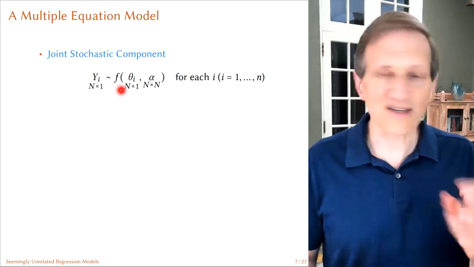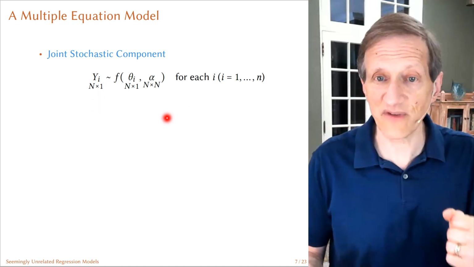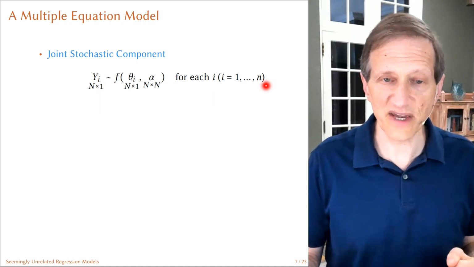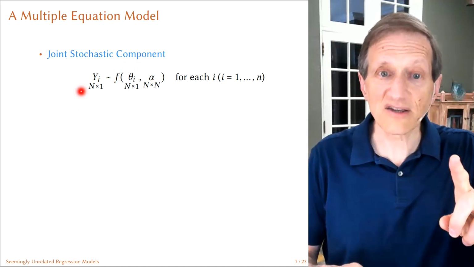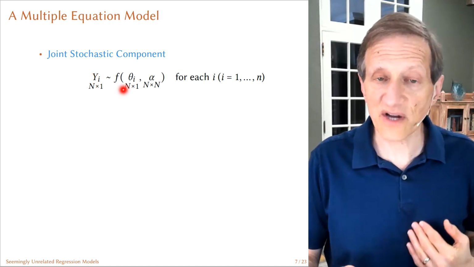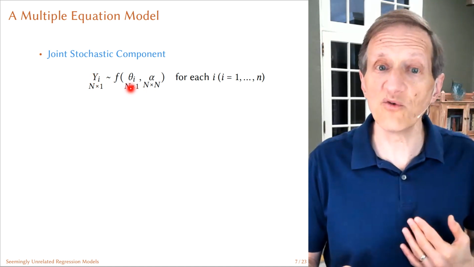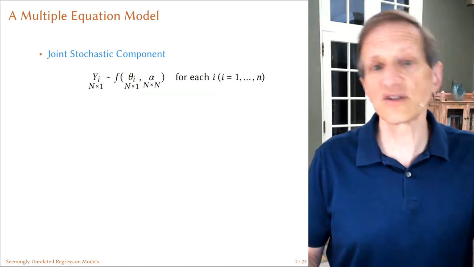Y of i is not a scalar. It now has capital N things. So capital N is not the number of observations. Little n is the number of observations. But for this one observation, for the first observation, let's say, there's going to be capital N things in that vector. So this is going to be a multivariate normal distribution, which if we drew observations from it, would give this vector. So that's the key thing.